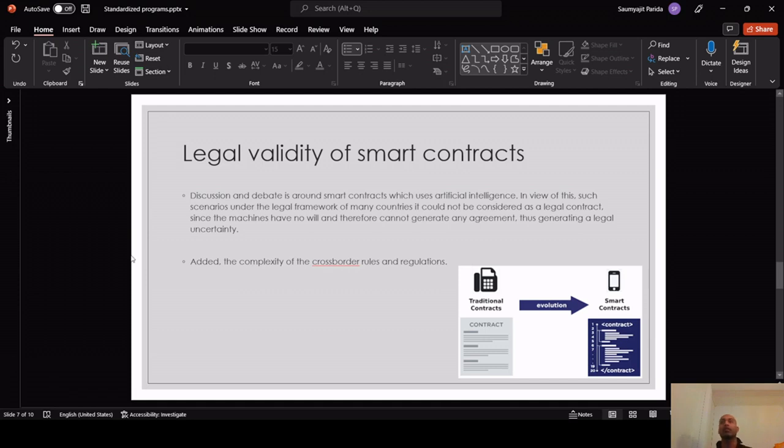So if you are developing a smart contract using AI, be aware that many countries do not accept it as a legal contract. Added to this, there is the complexity of cross-border rules and regulations.